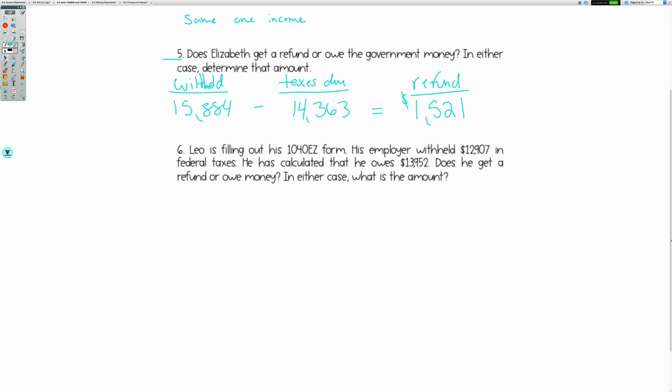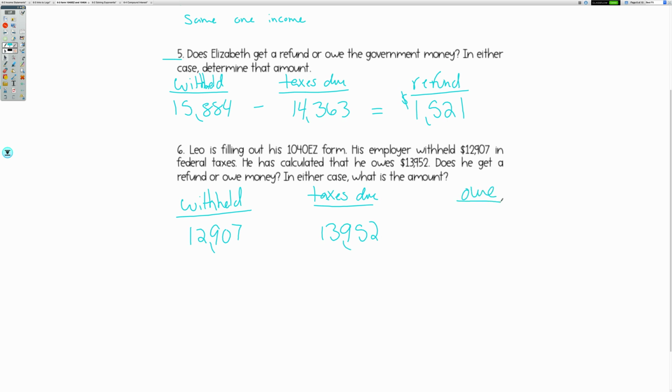I'll just do the same format I did up here. So if they withheld $12,907, and then he calculated his taxes, and he owes taxes due $13,952. What they withheld was not enough, so he will owe.